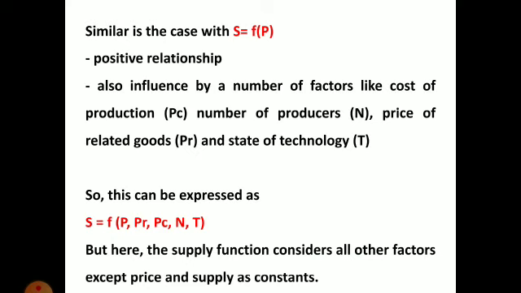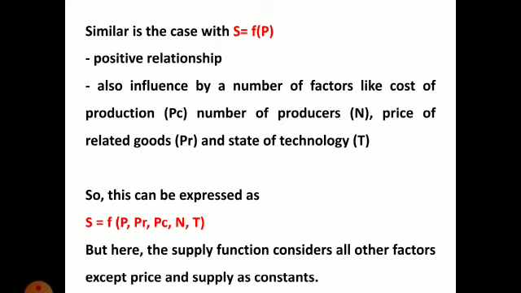Now, all this influences supply. When technology increases, what happens to supply? Supply also increases. When the number of producers is more, what happens to supply? Supply also increases. So when we consider all these factors, it is very, very difficult to analyze them.